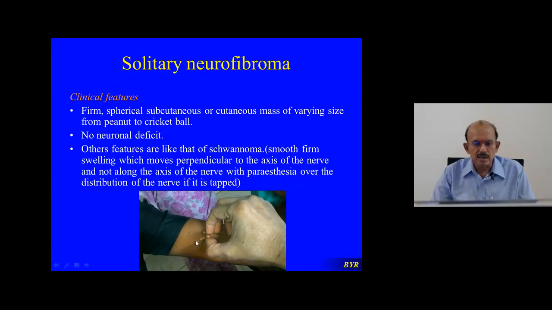If it is a large mass arising from a large nerve, then you can demonstrate one sign: you will be able to move the swelling perpendicular to the axis of the fiber, but you cannot move it along the nerve fiber.